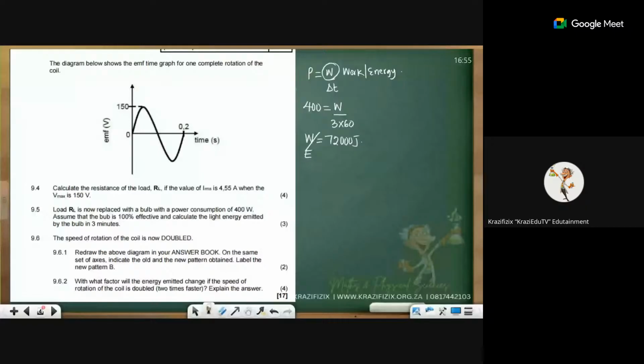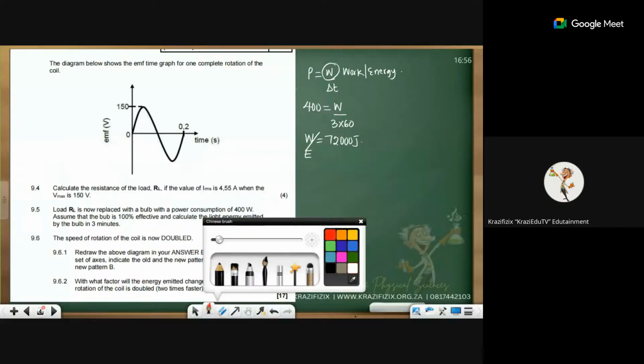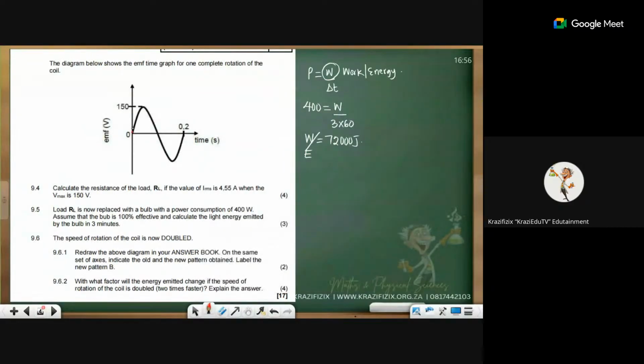Indicate the old and the new pattern obtained. So if I double, I'm going to have this. Now you will notice it's two complete waves now instead of one complete wave.